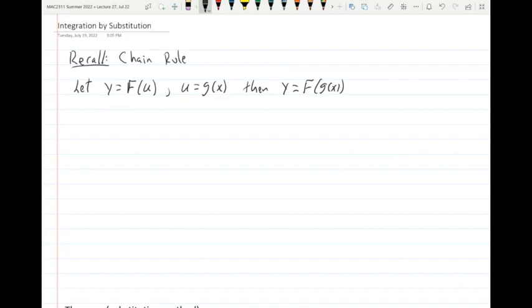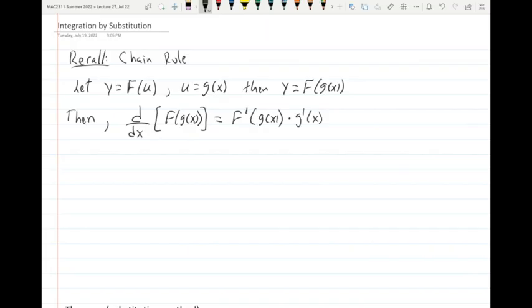If you have a composition of two functions, like in this case, I'm using capital F purposely for a reason, then what the chain rule says is that you can take the derivative with respect to x of this composition. What is this equal to? This is going to be equal to the derivative of the outside function evaluated at the inside times the derivative of the inside function. That's what the chain rule says.